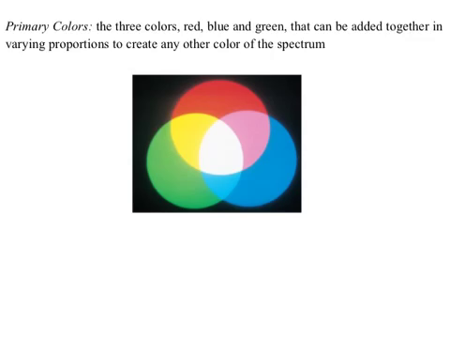Yellow is the combination of green and red. This combination, the overlap, is yellow. There are three primary colors. In physics, these are the three colors that we look at as the three additive primary colors. Maybe in art it's different. But I'm not lying to you guys, I promise.